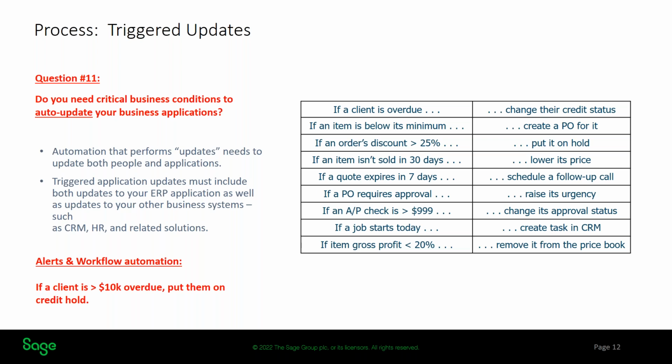If a client's overdue, for example, that comes up as a trigger. What is the state that someone is dealing with right now, and could that be replicated with software? Well, if a client's overdue, copy in the salesperson, copy in the sales manager, send out a statement to them, put them on credit hold. What is the reaction your business does that software could emulate and do for you, right?